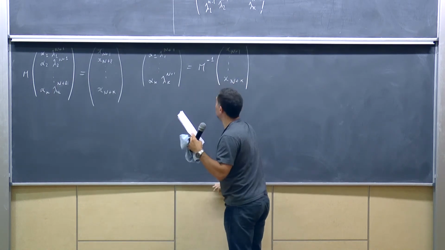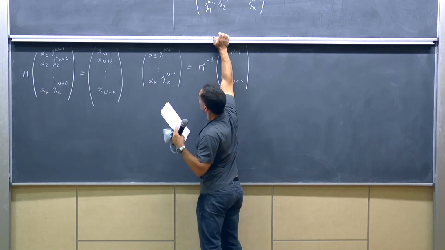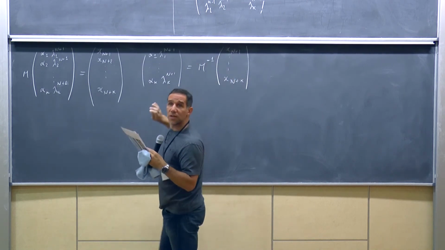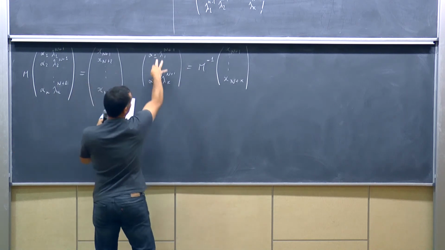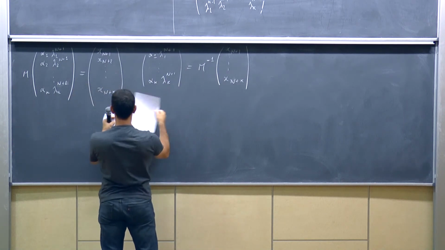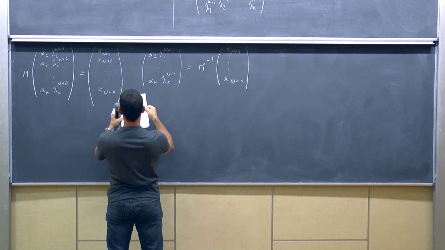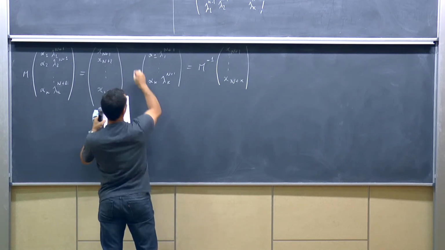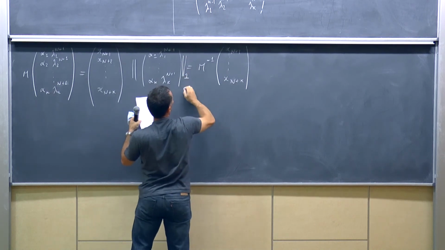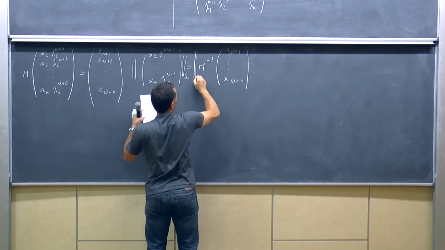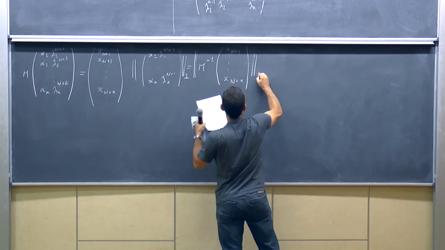Okay. And now the natural thing I can do is take the one norm on both sides. So the one norm is the sum of the absolute values. So if I take the one norm here, which is the one norm here, okay?